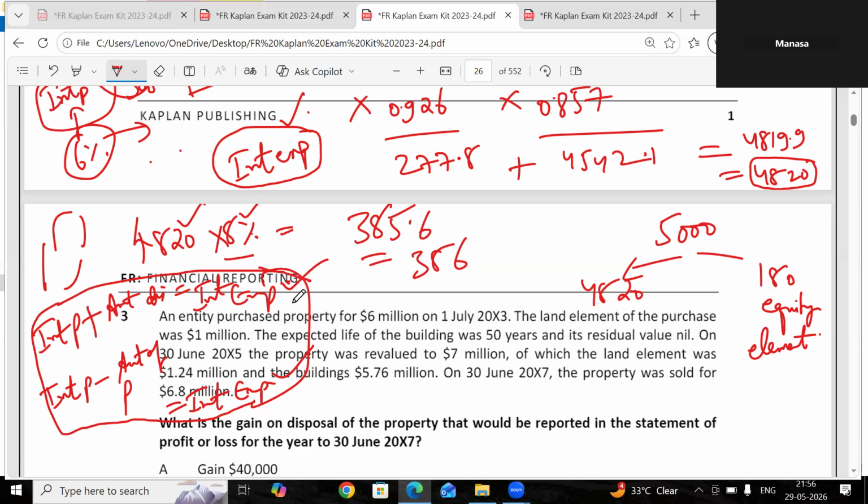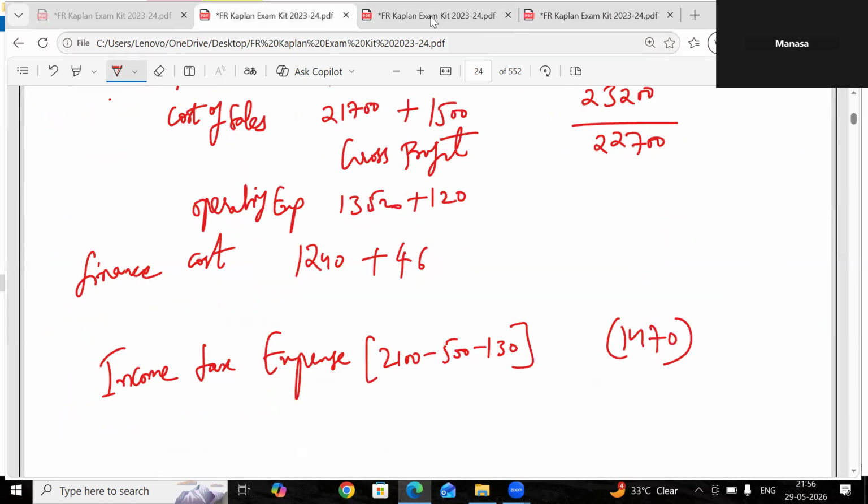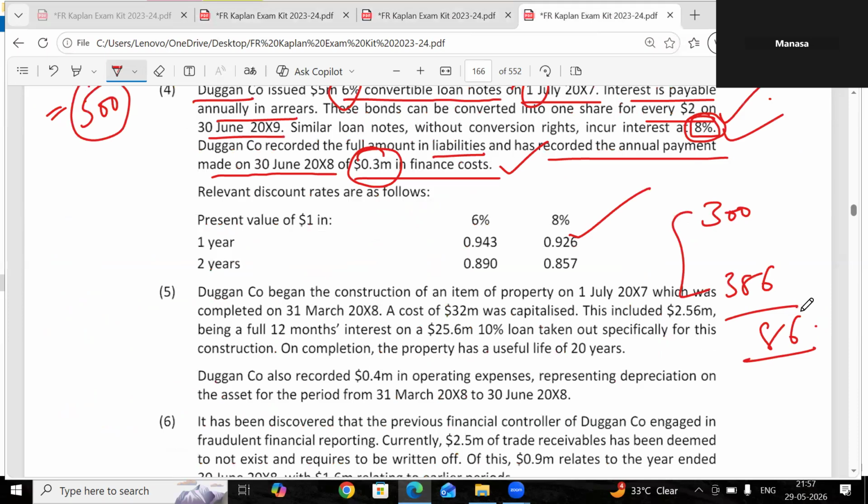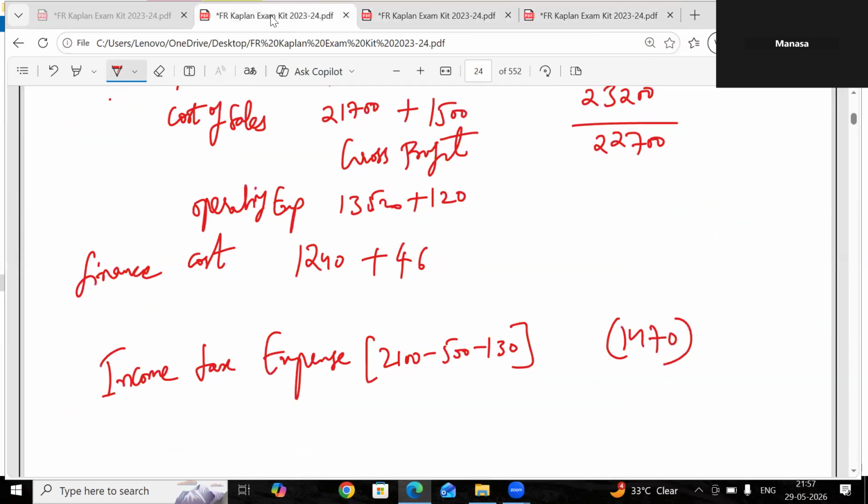Mansa, is this there for you? I think this is there. Yes, sir, it is there. So we just added 86. We need to add 86 to the finance cost. So I added it up. Now what is the next thing left over? We have to check.